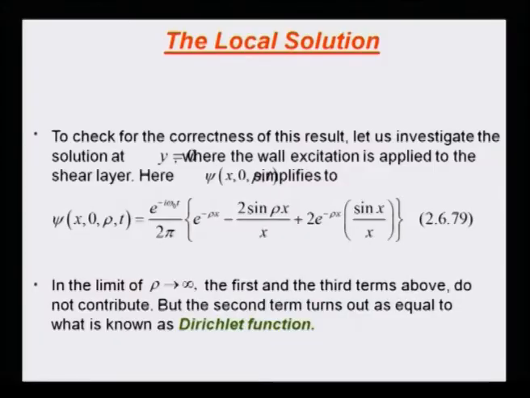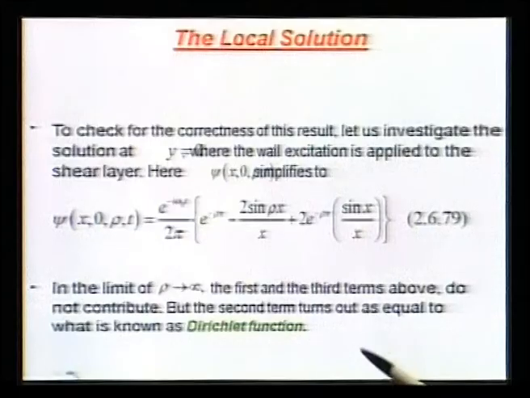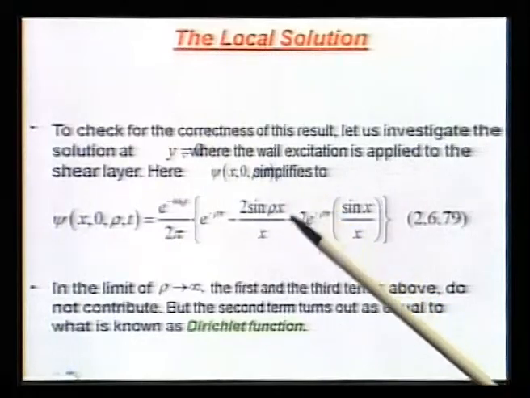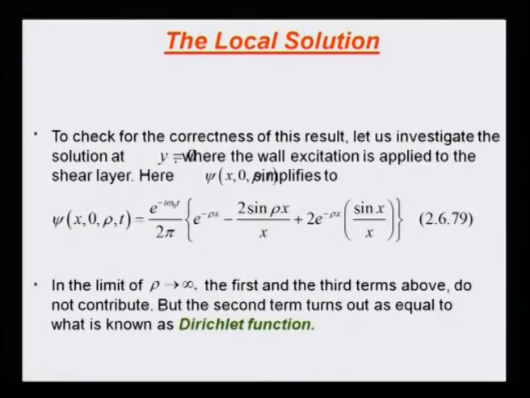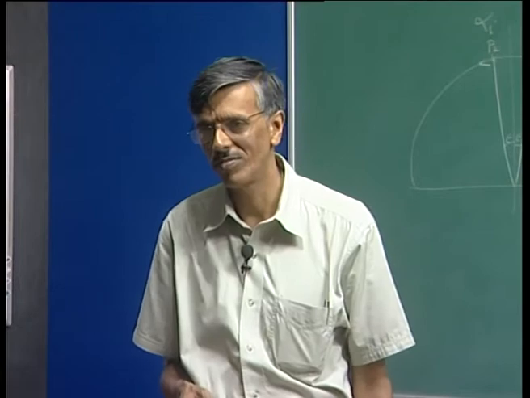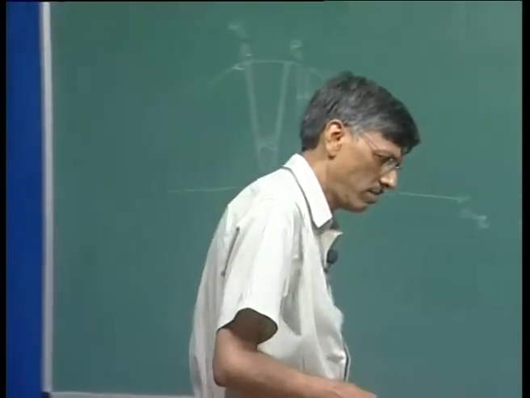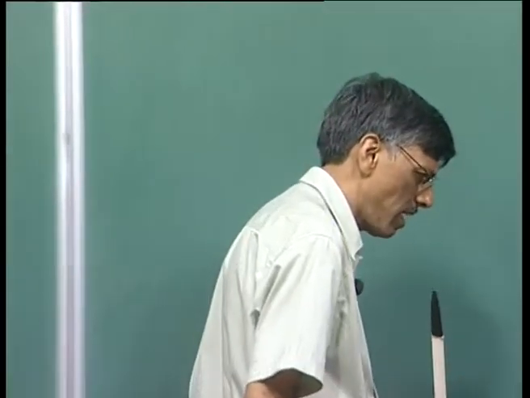And what you do is that in the limit rho going to infinity, this part gives you delta x. So this is satisfying. What does it tell us?